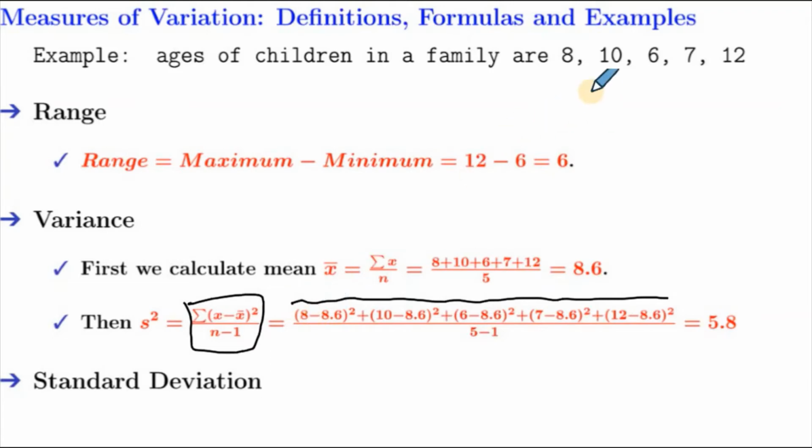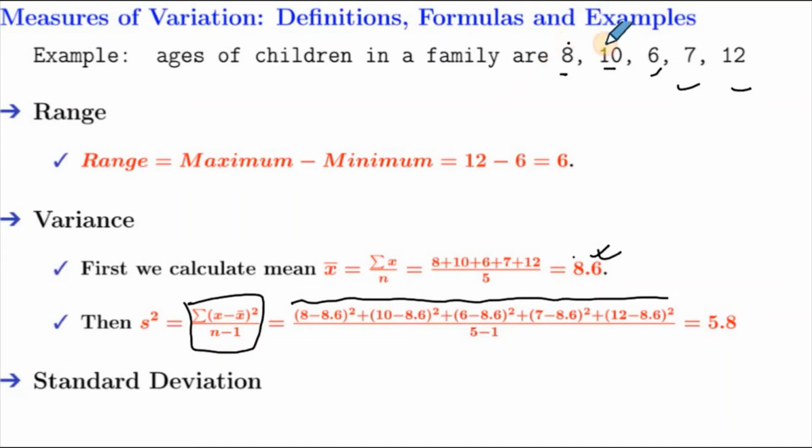So our x from the data is 8, minus our mean, which is 8.6, which is what we calculated for the mean, squared, plus 10 that comes from our data, minus 8.6, squared. We will do that for each value in our data set, and divide the whole thing by n minus 1.